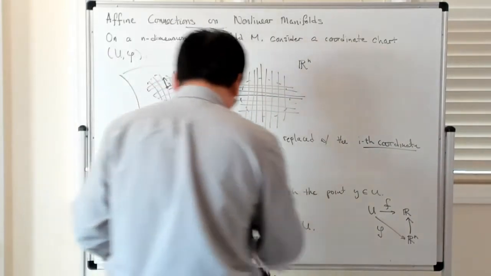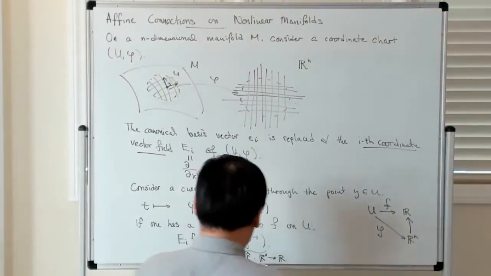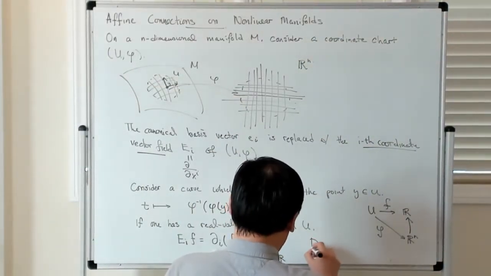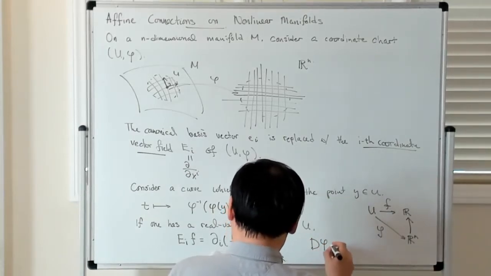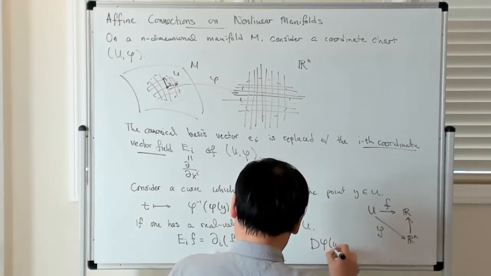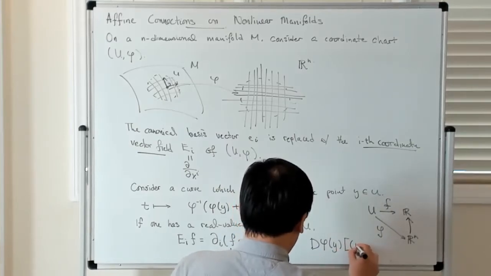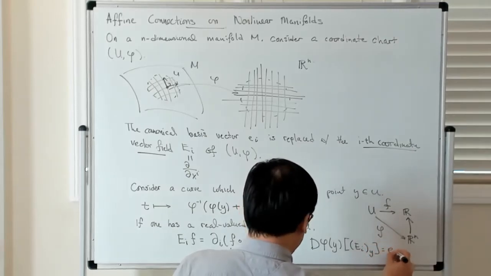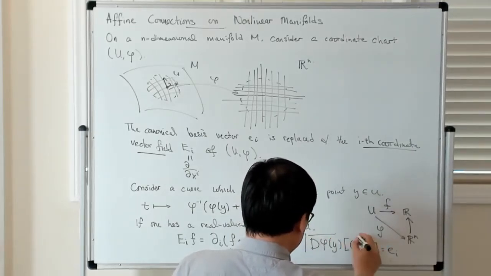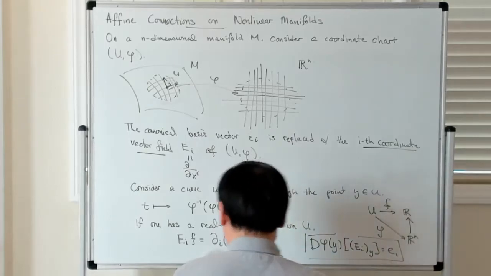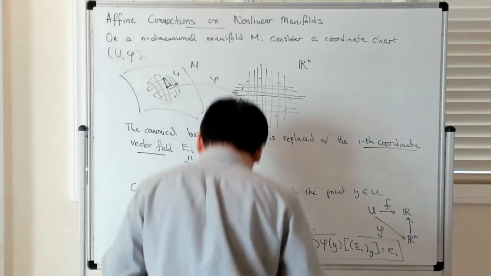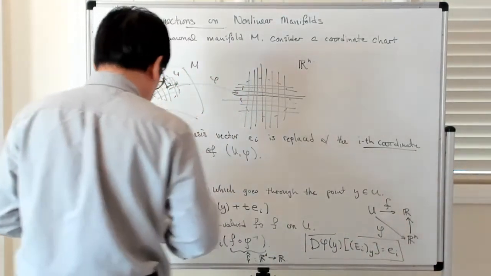The other consequence is that the linearization of the coordinate map at some point y, in the direction E_i at y, is just going to be e_i.